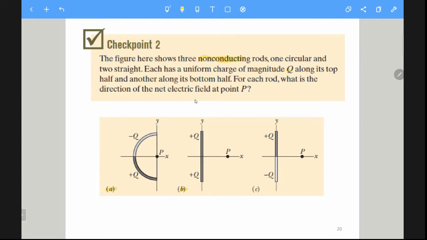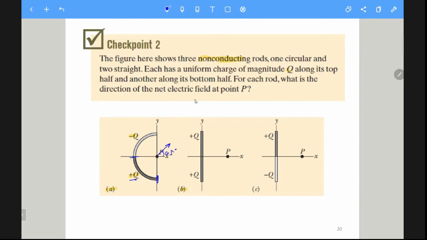The dark part means it has a positive charge, and the light part means it has a negative charge. For part A, it is simple because it is symmetric. For the positive charge, at point P the E field should point 45 degrees to the top right.